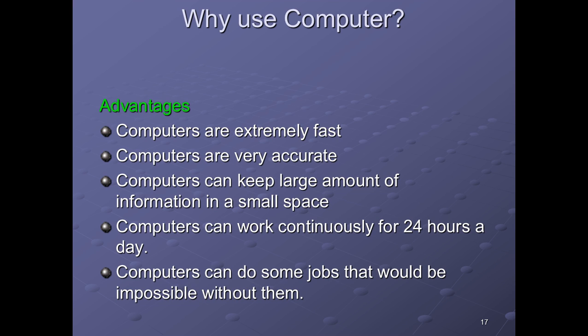A computer works 24 hours, just like nowadays you are seeing online systems, online purchasing, and ATM machines, 24 hours, and also different industries, car manufacturers, chemical industry, robots used for that purpose, and many more. The computer can do some jobs that would be impossible without them.